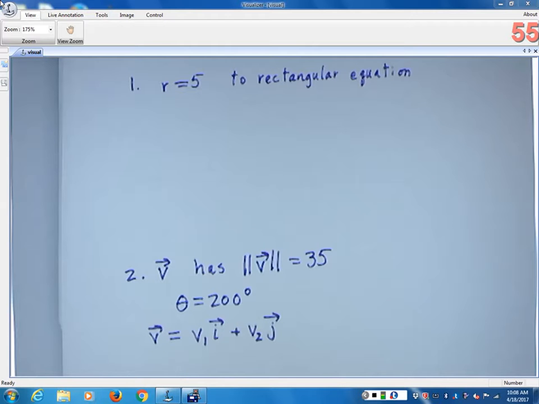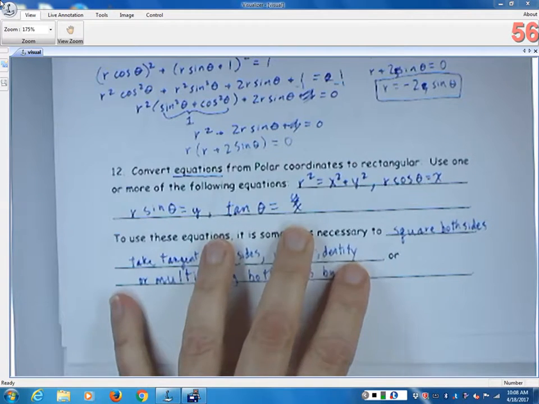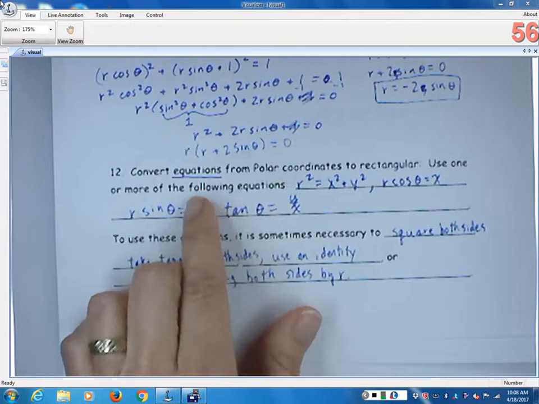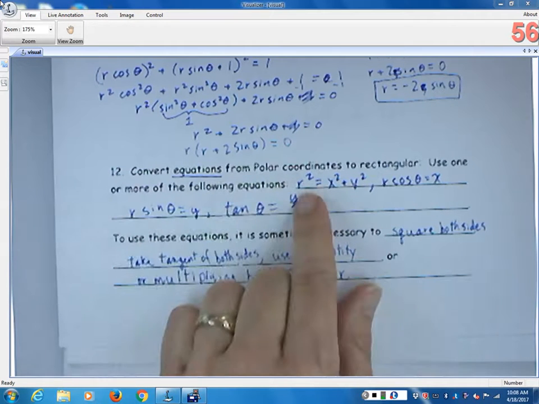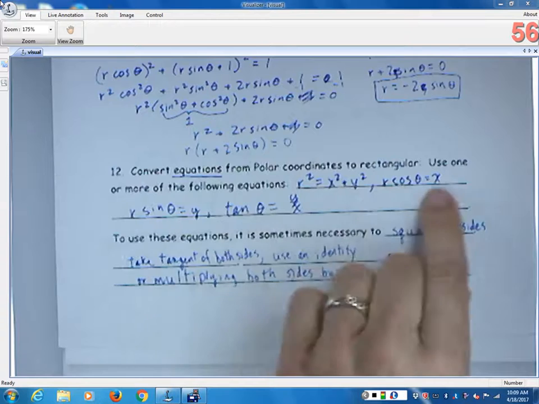It depends if you're doing a point or an equation. This is an equation. So here was section 6.3 notes. It says when you convert a polar equation from polar to rectangular, use one or more of the following equations.